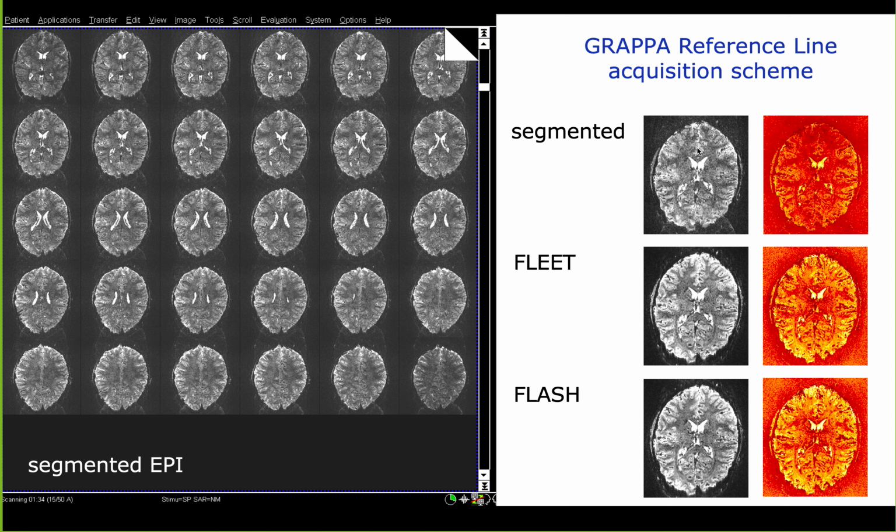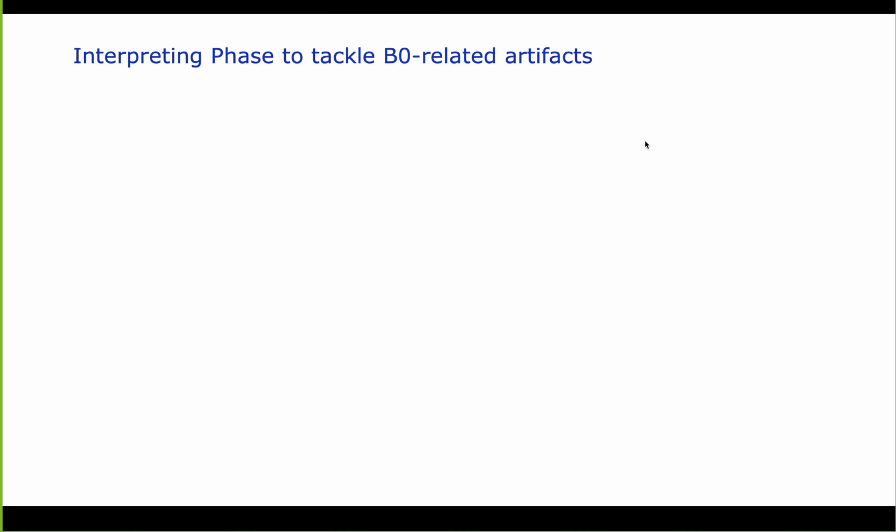You can see that it's noisier, it's ghostier for the standard approach. If you use FLEET or FLASH, you have much better stabilities and also signal distributions. I find in my hands that FLASH is slightly better than FLEET, but there's no huge difference. You definitely shouldn't use the default, the segmented approach though.